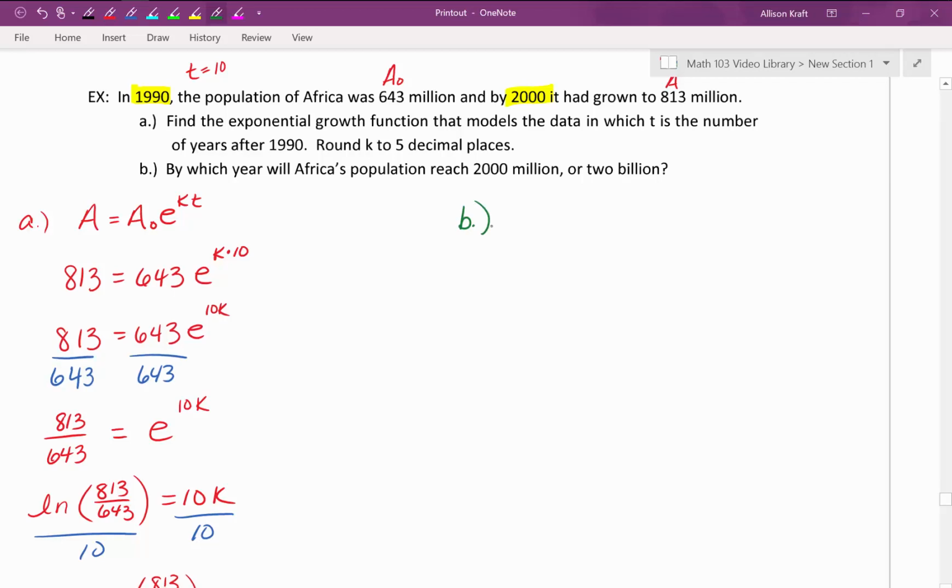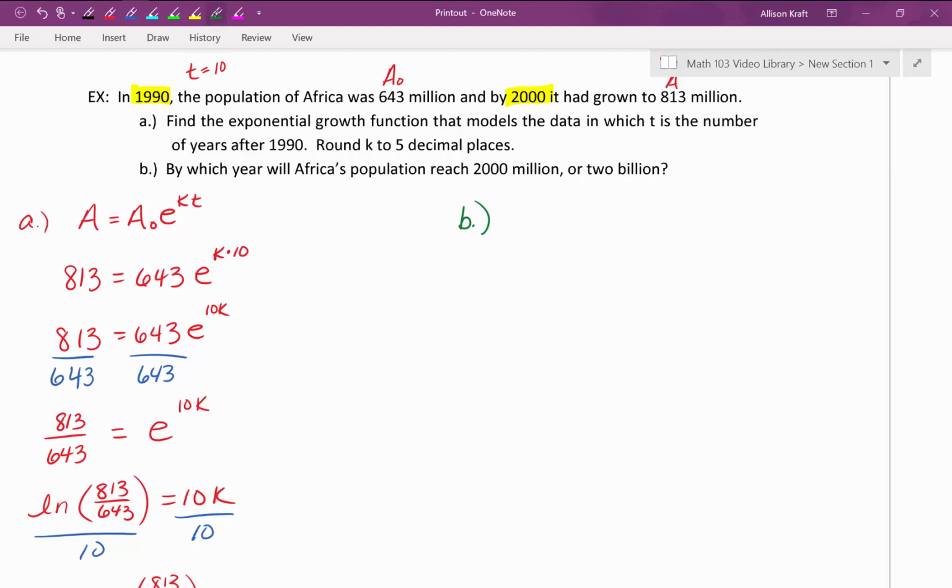In part B, we want to find by which year will Africa's population reach 2,000 million or 2 billion. The reason they said 2,000 million here is because our original two amounts were in terms of millions. So when you plug in for your A, you have to be in that same unit of millions.